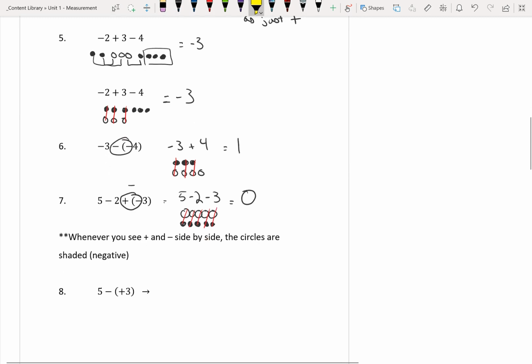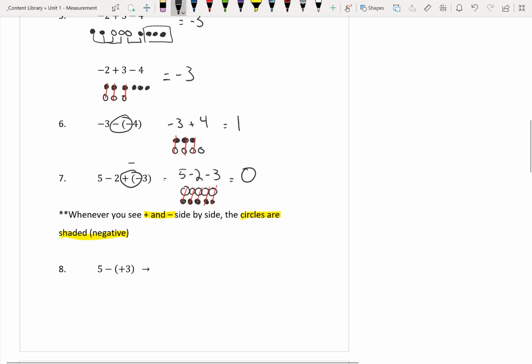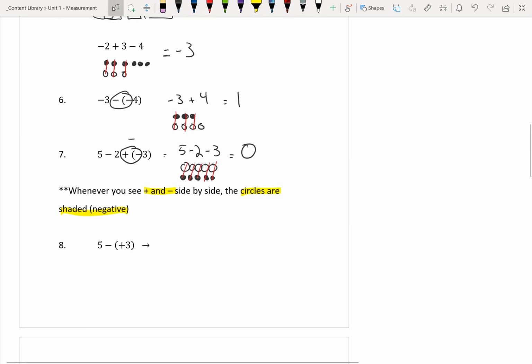So again, when you see a positive and negative side by side, the circles are shaded for negative. So basically what we've been doing so far. So example 8, we see a negative and a positive side by side.